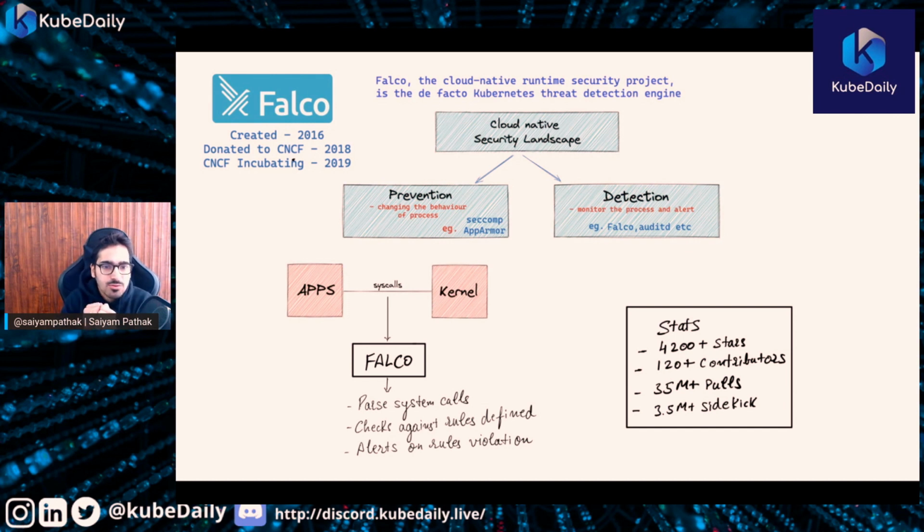Falco parses those syscalls and checks them against the rules defined in a YAML config file that has an amazing set of predefined rules, and you can customize those rules. It checks all the syscalls happening against those rules and gives you the alerts and violations that you can set up on top of that.